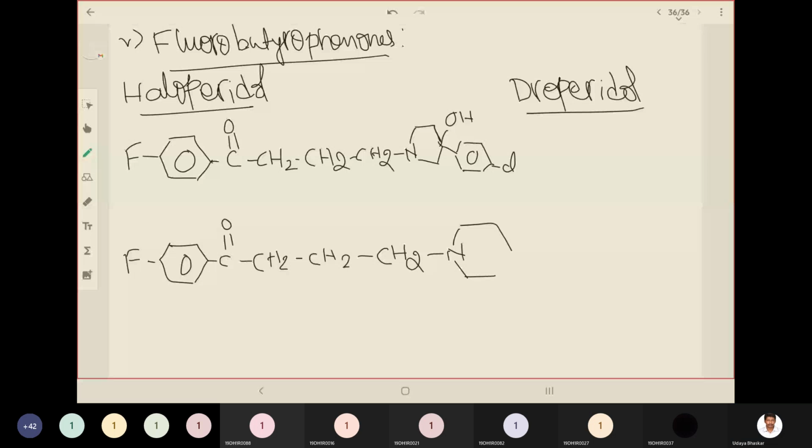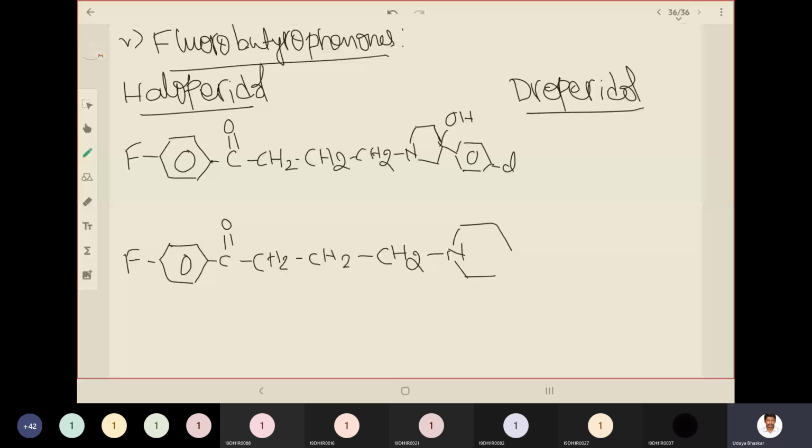Imidazole or pyrazole? It is an imidazole. So this is the comparison between haloperidol and droperidol, with the phenyl ring fused as an extension to the piperidine ring.